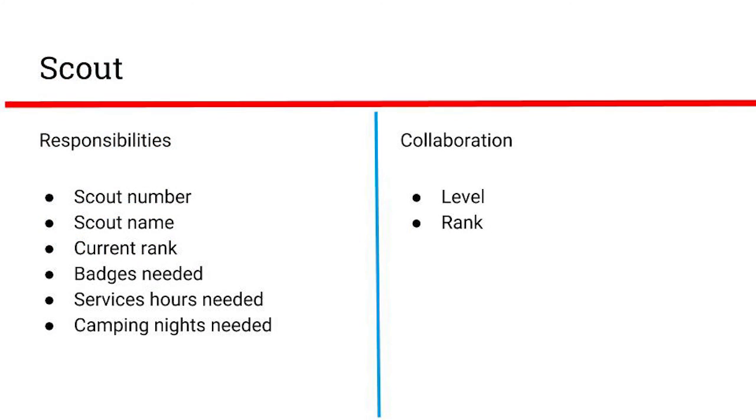For example, for the CRC card of the Scout class, our team breaks the use case into scenarios, with a focus on only one scenario at a time. As we read through each line of the scenario, the team identifies the responsibilities, things the class can do with the knowledge it has.